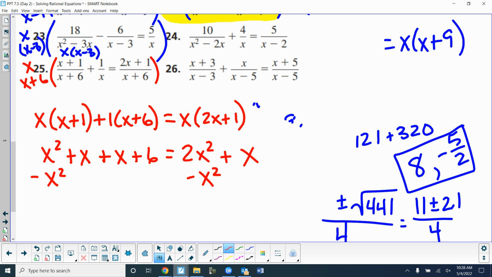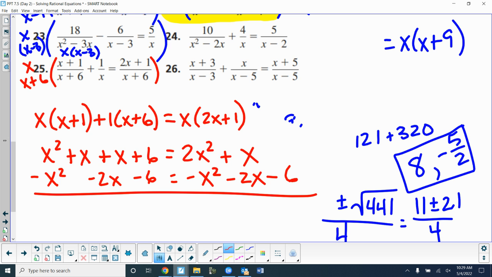What's X plus X? 2X. So I'm going to subtract 2X, and I'm going to subtract the 6. So all this is gone. I got 0. I got X squared. What's 1 minus 2? Negative 1.